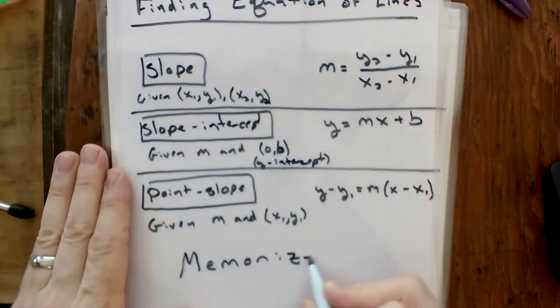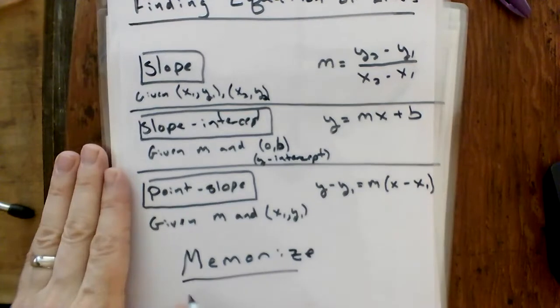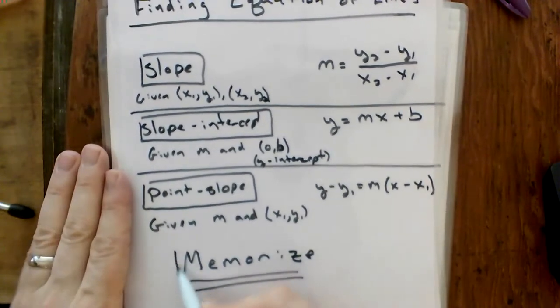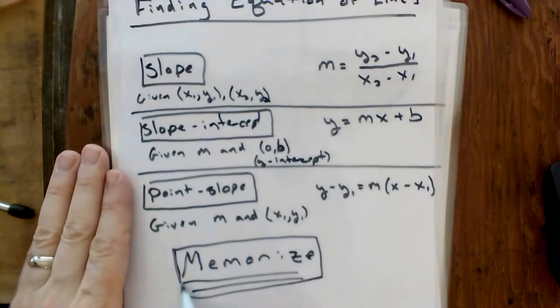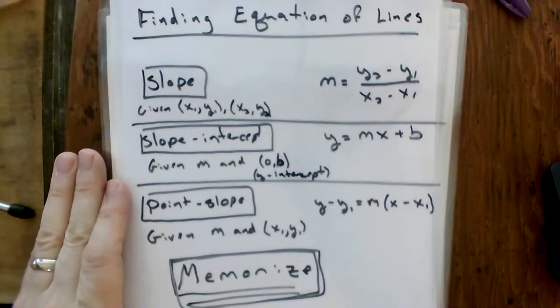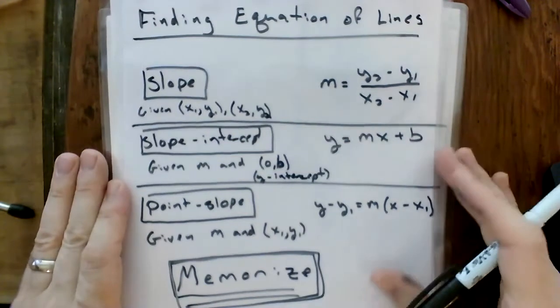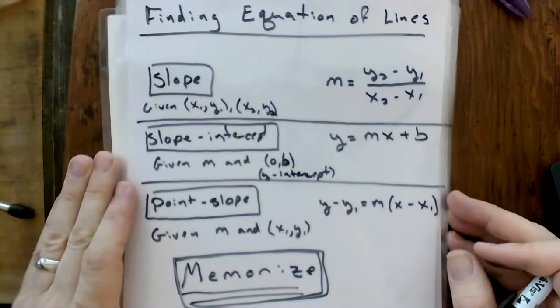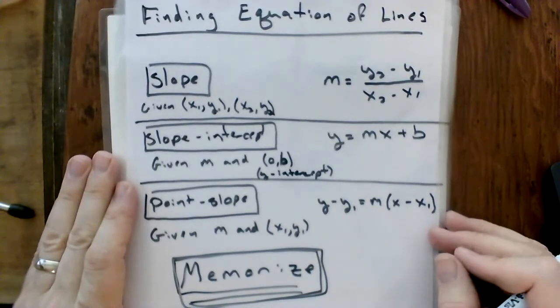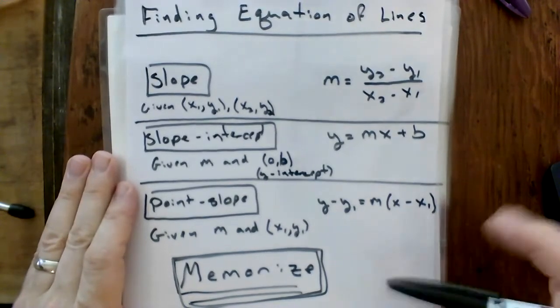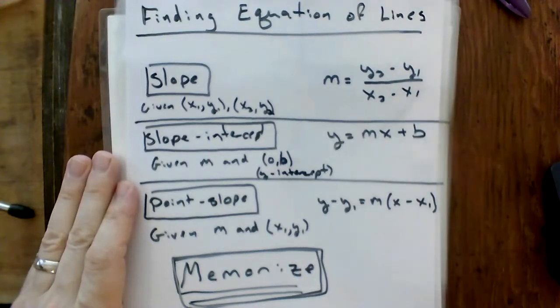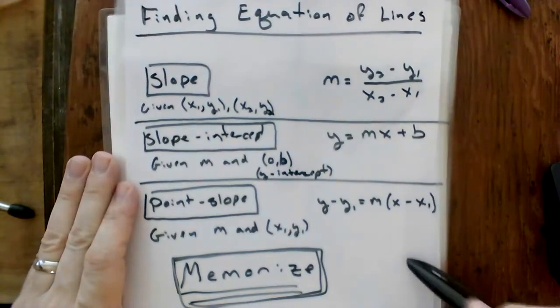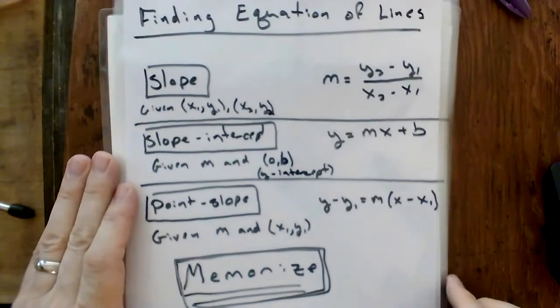These are three really, really good equations to memorize, because you will use these throughout algebra. And once you get into some higher math classes, like first year calculus, second year calculus, you're still going to use these equations. You use them all over the place.